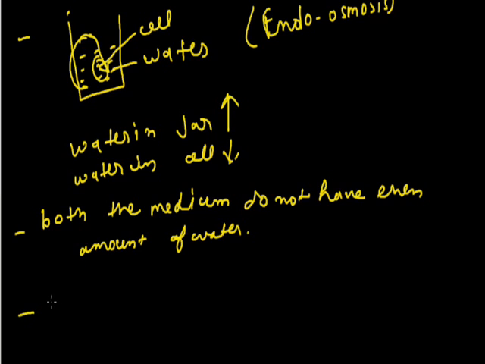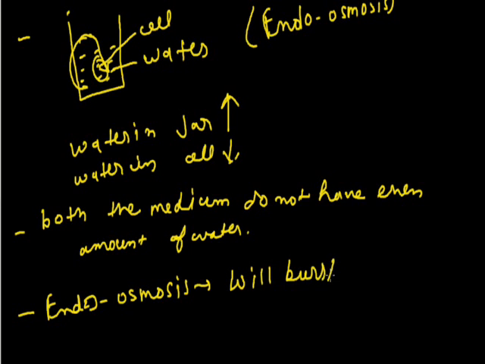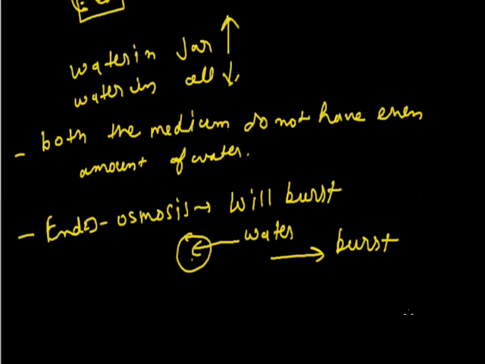So after some time in this process of endo-osmosis, the cell will not hold the water, and I can simply say that the cell will burst. Why is the cell bursting? Because water keeps coming inside and the cell cannot hold it, and after some time the cell will burst. So this is the simple phenomenon of endosmosis.